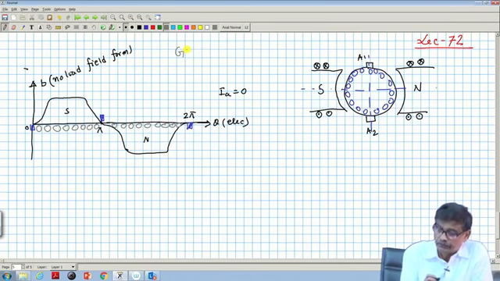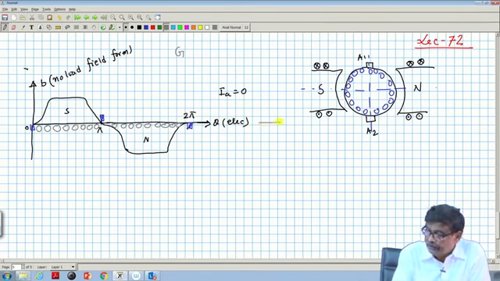These are armature conductors, and they will move with respect to this field. This conductor after some time will come here. If you assume this is the direction of rotation of the armature conductor, it will be like this.